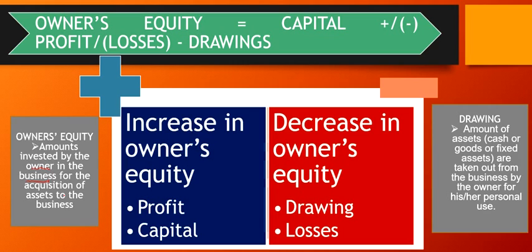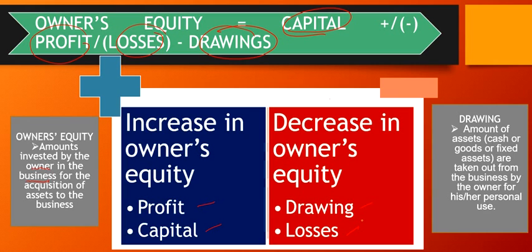So as I told you, owner's equity consists of capital, profit, loss, and drawing. From these 4 items, we can divide into increase and decrease in owner's equity. So, profit and capital will give increase in owner's equity, whereas the drawing and losses will make the owner's equity decrease.